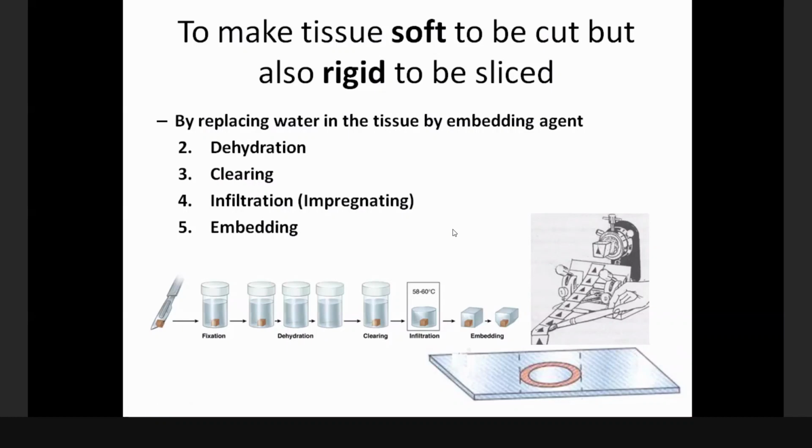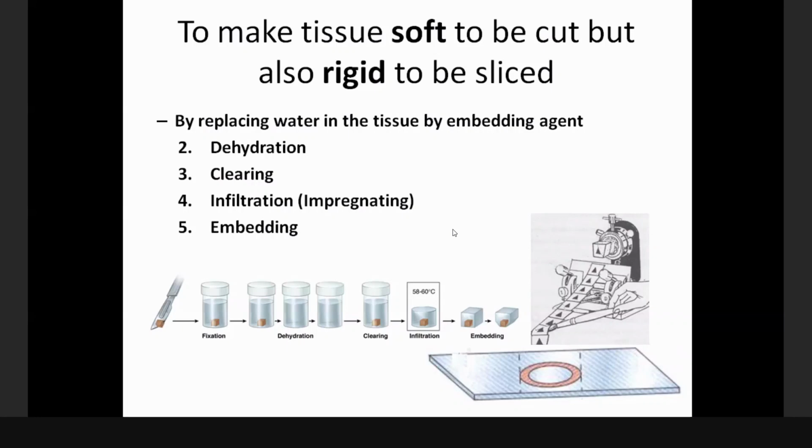The reason why you put it first into 50% alcohol is to preserve the tissue optimally. Otherwise, if you put it immediately into 100% alcohol, the water is extracted suddenly, and the tissue can crack. The cells can be damaged.